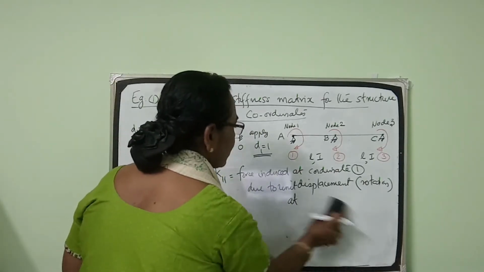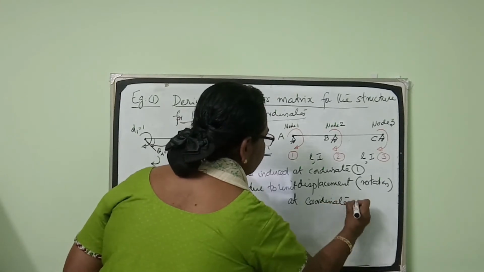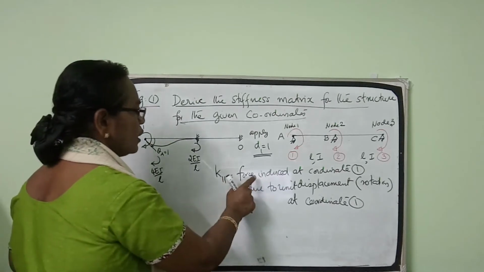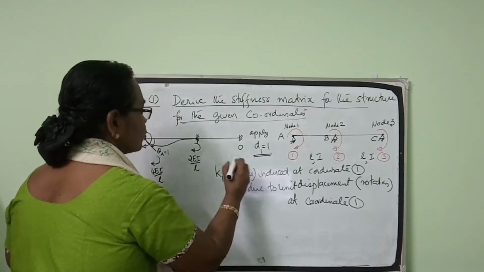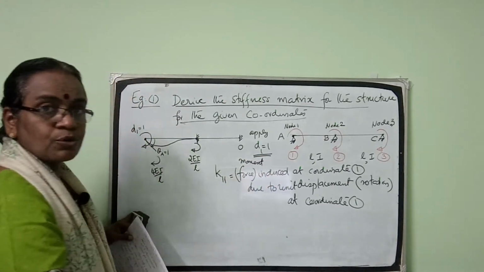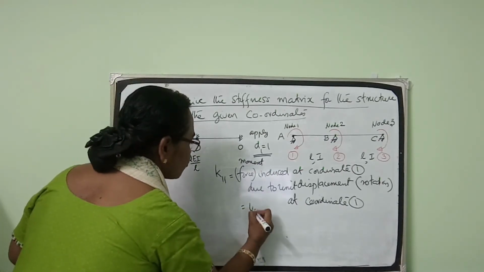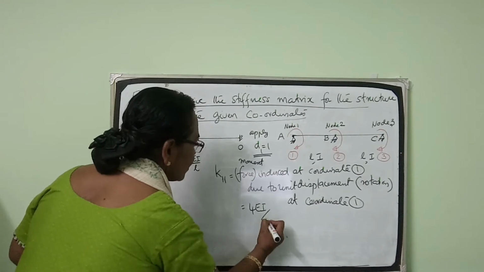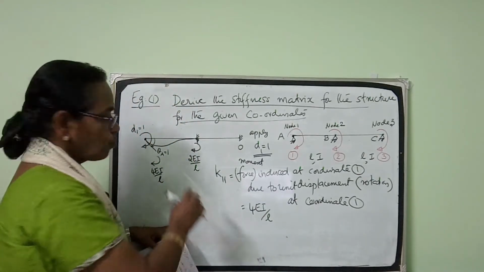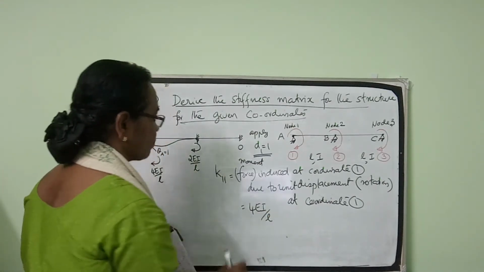I write it node 1 or at coordinate direction 1. So this is the definition of stiffness influence coefficient. The force induced here in this particular case, force means we are applying rotation, so the corresponding force is moment. The moment induced at this point, that value is 4EI by L. So the stiffness influence coefficient K11 is moment induced at 1 due to unit displacement at 1. So it is equal to 4EI by L.